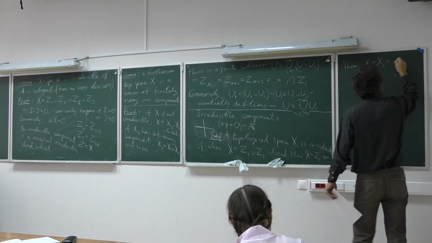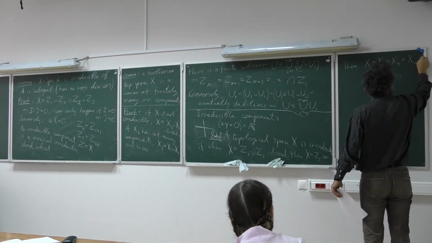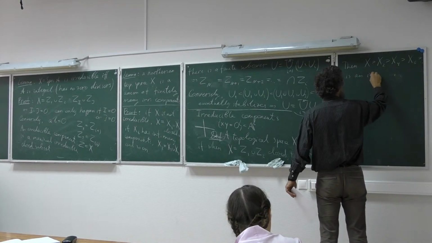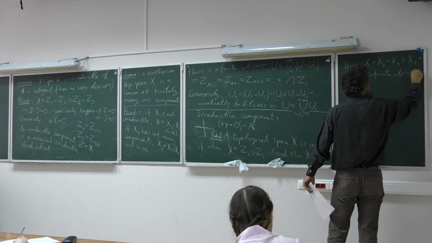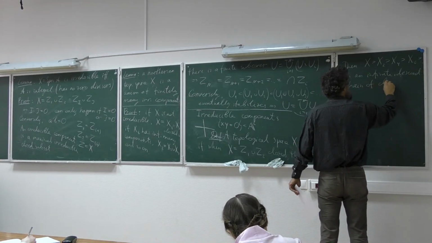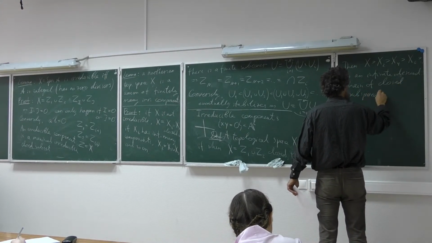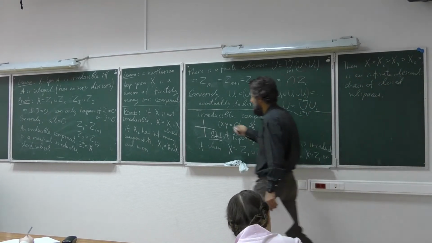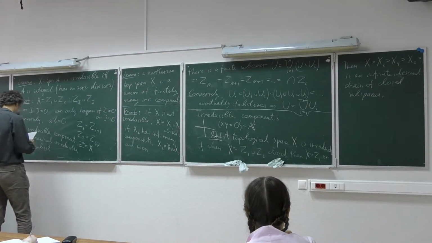X2, and this contains, say, X4, and this contains X6, and so on, is an infinite descending chain of closed subspaces. Okay, but we assumed that it was a Noetherian topological space.